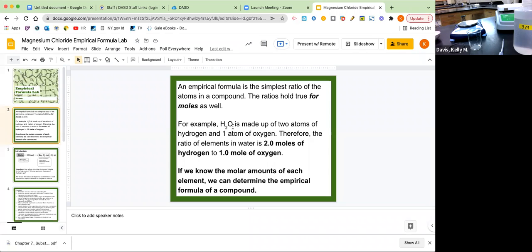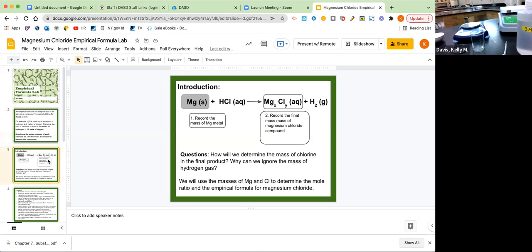So if we want to talk about the molar ratios of the elements in water, then we would say that for every 2 moles of hydrogen, we would have 1 mole of oxygen in water. If we know the molar amounts of each element, then we can use that to figure out the empirical formula of a compound, which is what we're going to try to do.